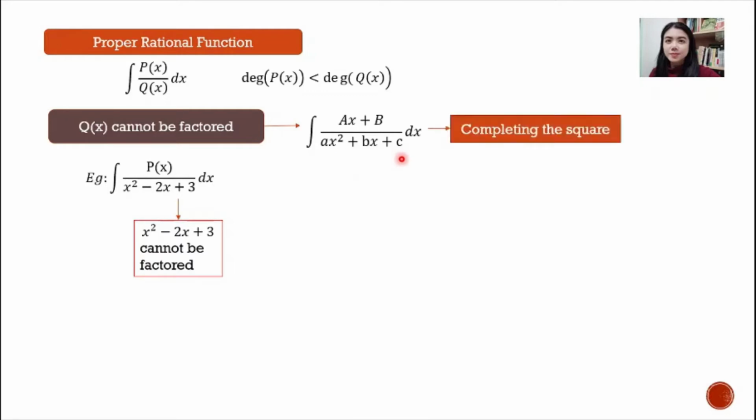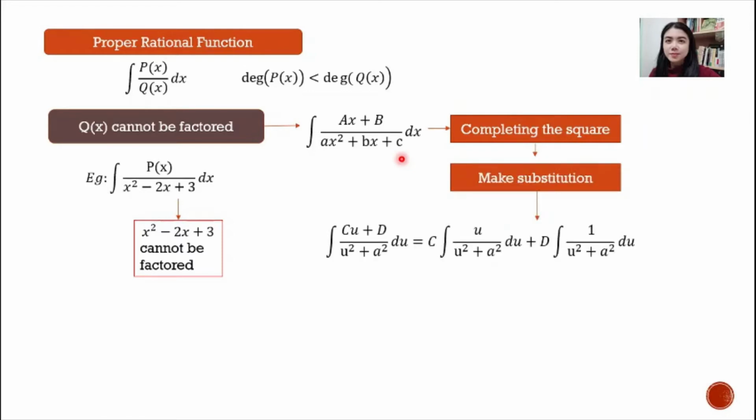When you have this type of function to integrate, what you have to do is complete the square, and then do some substitution, and by using the substitution, we will obtain an integration in terms of u.